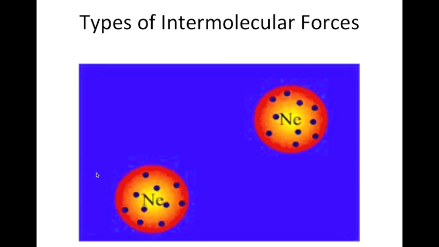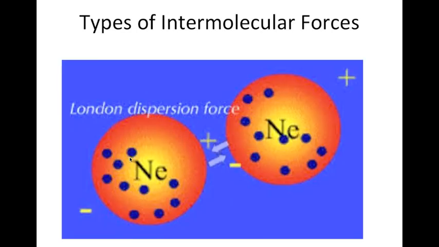Here's a little figure. Here we have two neon atoms, and the electrons on average are distributed evenly around the atom, so it's nonpolar. But occasionally you may have electrons more on one side than another. That creates a weakly partially negative region and a weakly partially positive region.